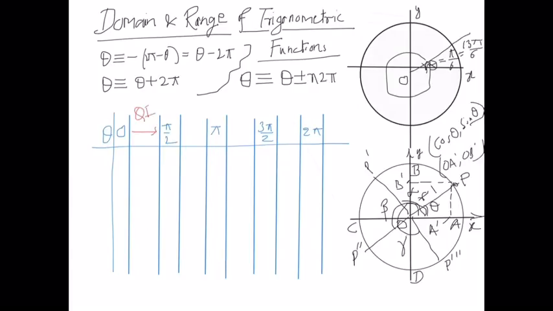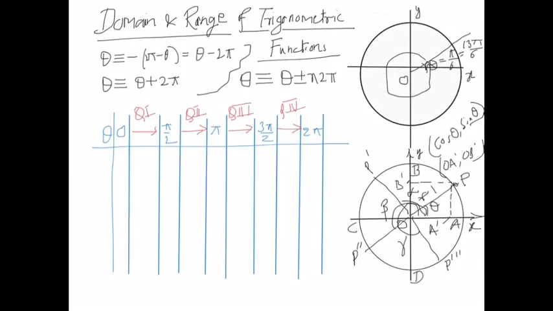When theta goes from pi by 2 to pi, we have quadrant 2. Theta going from pi to 3 pi by 2 is quadrant 3. And theta going from 3 pi by 2 to 2 pi is basically quadrant 4.